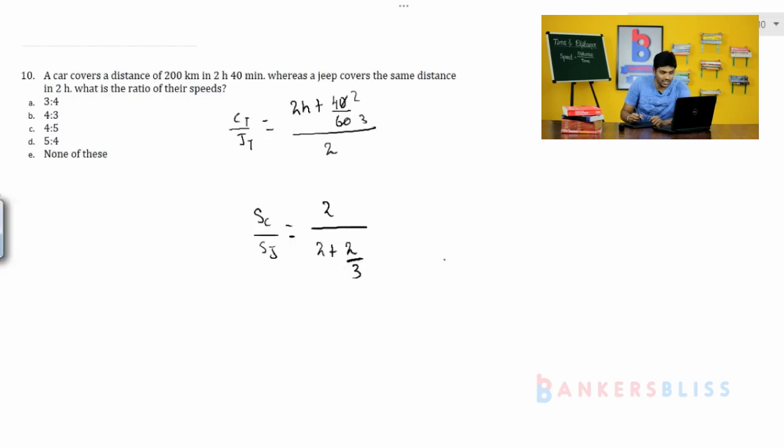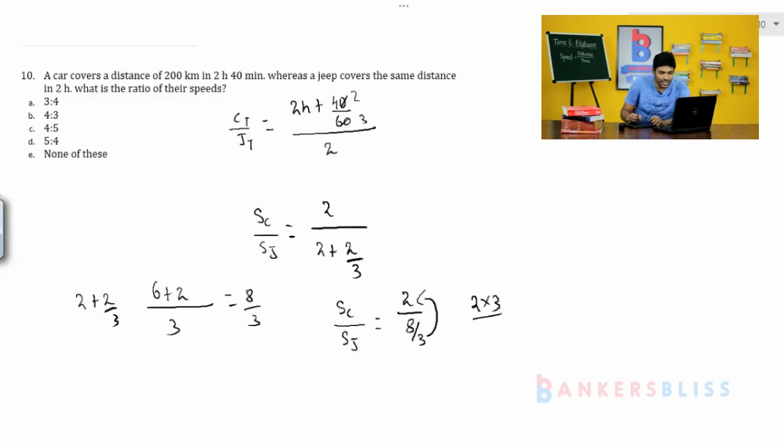So, 3 is the LCM. Simplify 2 plus 2/3: 2 into 3 is 6 plus 2, that is 8/3. So, speed of the car by speed of the jeep is equal to 2 divided by 8/3. So, 3 in the numerator, 2 into 3 by 8, 2 4s are 8, which will be equal to 3:4.